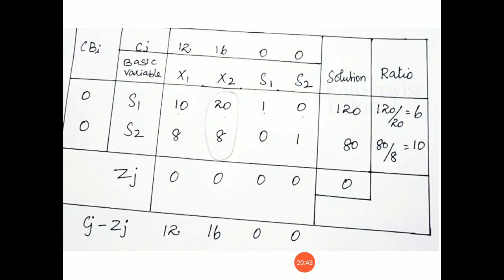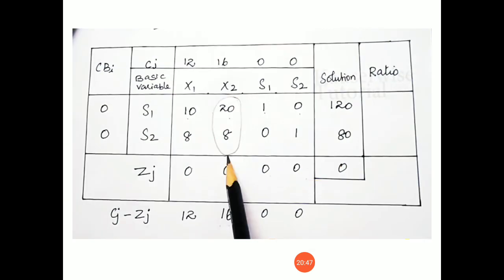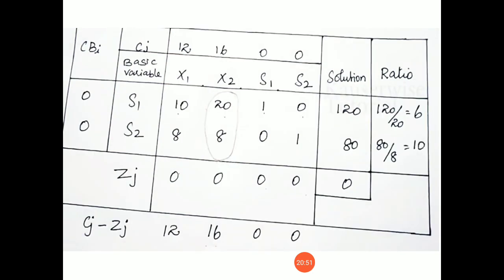The next step is I need to find the ratio. Initially the ratio wasn't there. Now I need to find the ratio. So how can I find the ratio? Ratio is the solution divided by the encircled column, or I can say the key column.